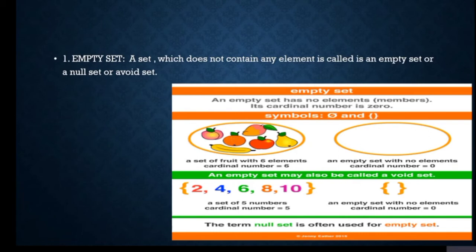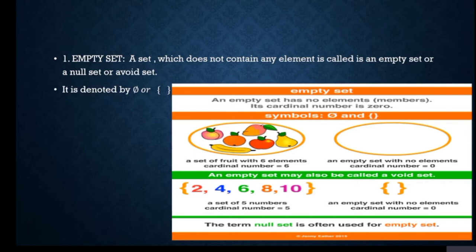Next one, empty set. A set which does not contain any element is called an empty set, null set or void set. The other names of empty set are null set or void set.